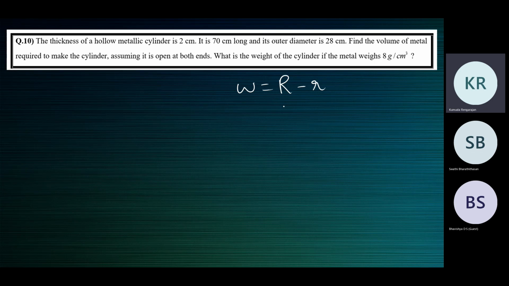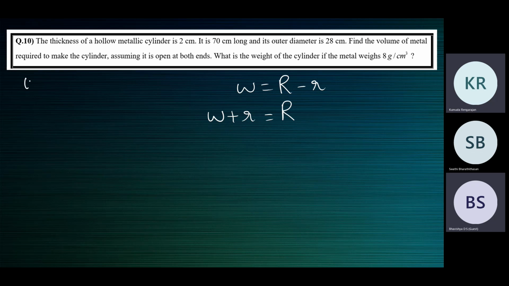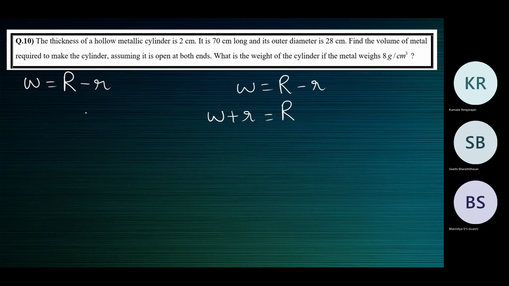So when you transpose, what do you get? Capital R is equal to width plus small r. Yes, ma'am. See, the width is equal to capital R minus small r.